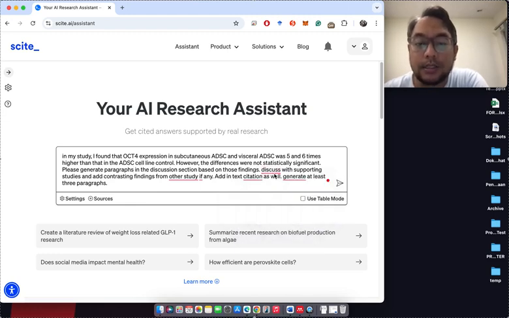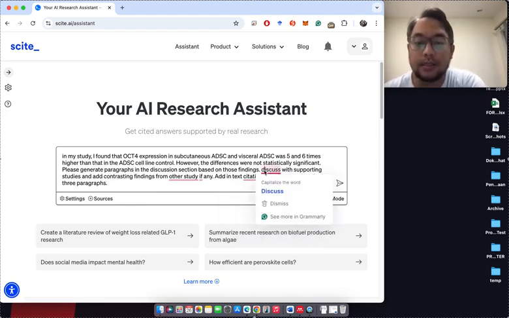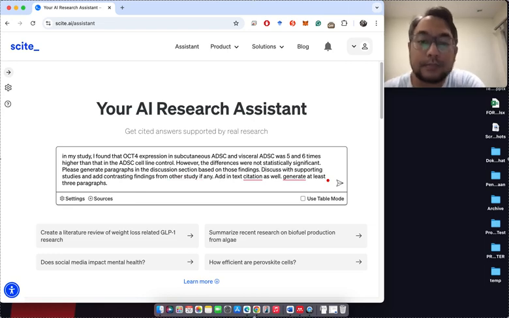Discuss with supporting studies, more than one, and add contrasting findings from other studies, if any. I don't know if there are any or not. Add in-text citations as well, and then generate at least 3 paragraphs. So I just click this icon.